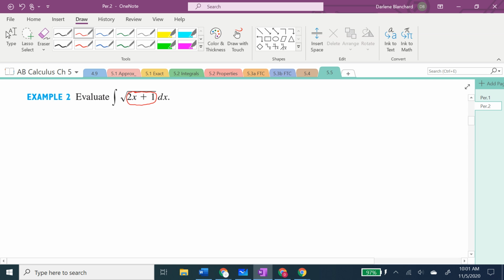So again, you're looking for a function inside of another one. In this situation, we're going to try and see if 2x plus 1 works out. It works out if I'm able to get a full conversion, and that the conversion is something I can integrate.